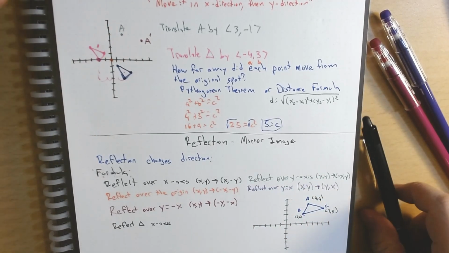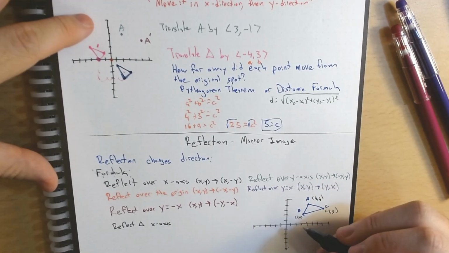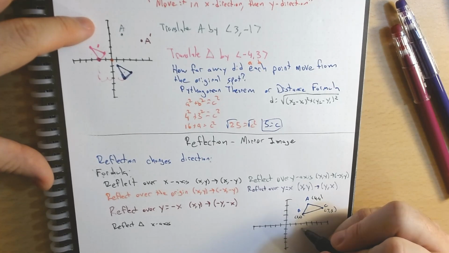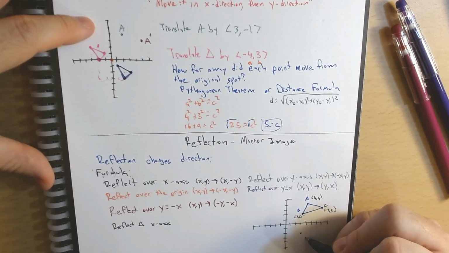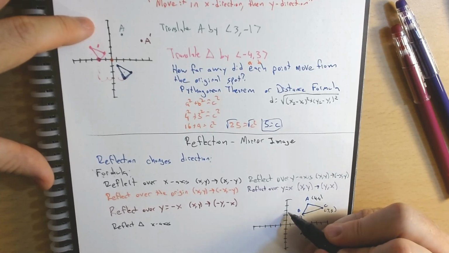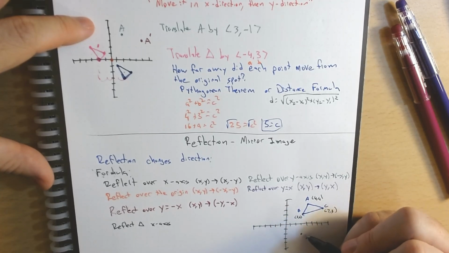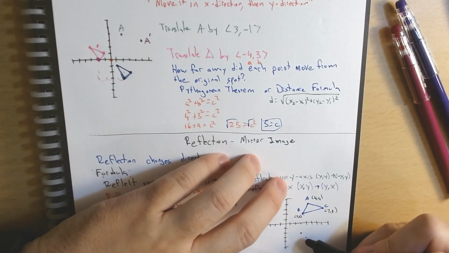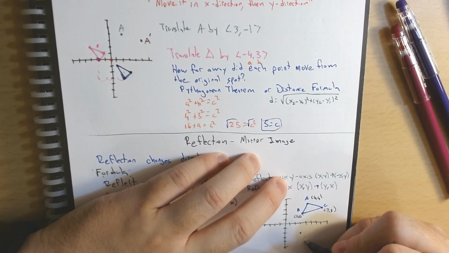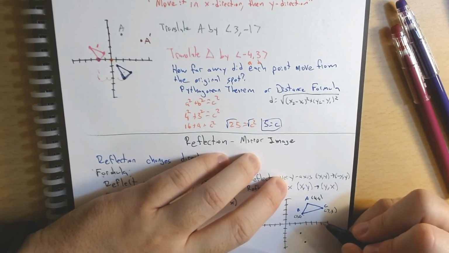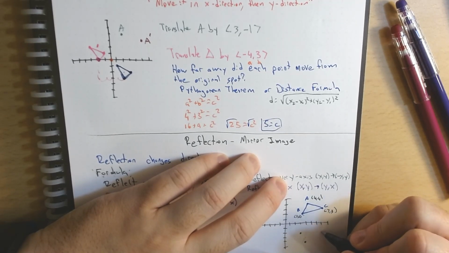So it would be 3, negative 2 instead. 4, negative 4. Barely, I can't count. And then 7, negative 3.